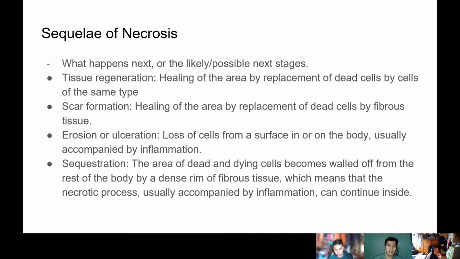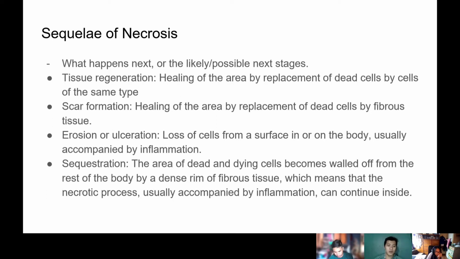First off is tissue regeneration, healing of the area by replacement of dead cells by cells of the same type. Next is scar formation, healing of the area by replacement of dead cells by fibrous tissue.